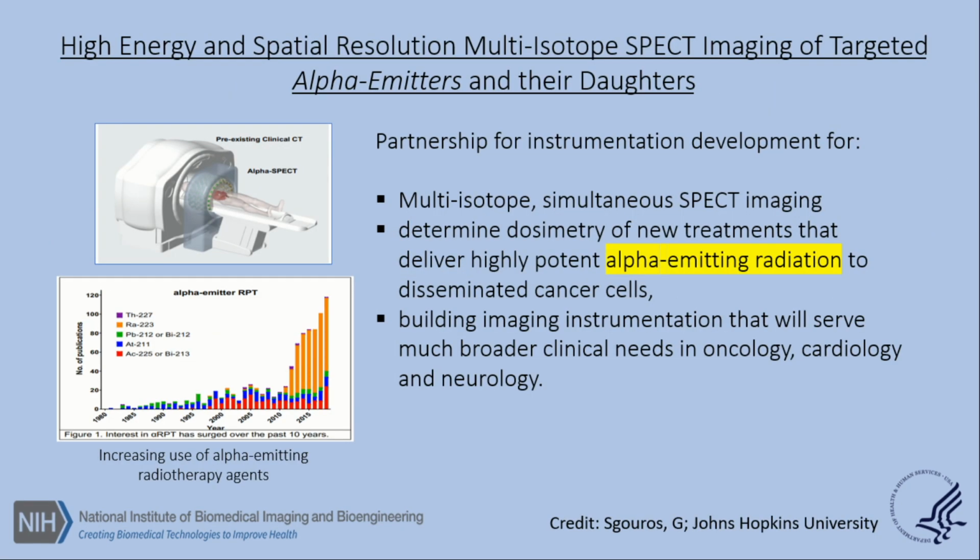The other trend, sticking to radionuclides, is that alpha-emitting particles are being used more and more for treatment of cancers. But the problem is controlling the dose that spreads from these particles. So this is a multi-isotope scanner.